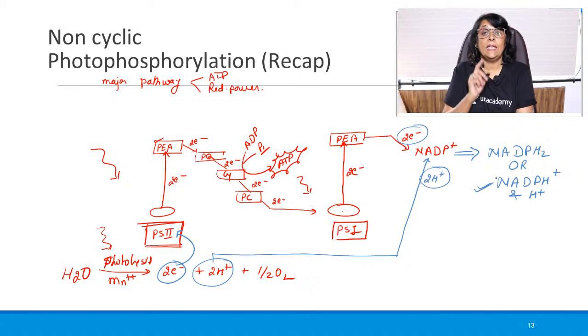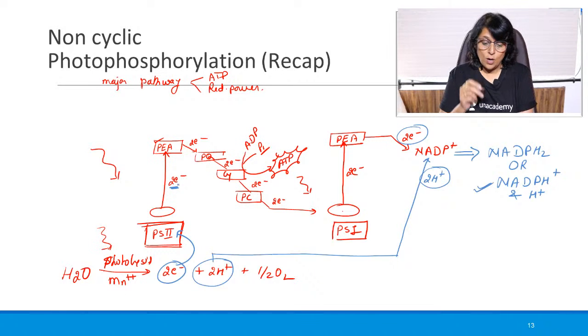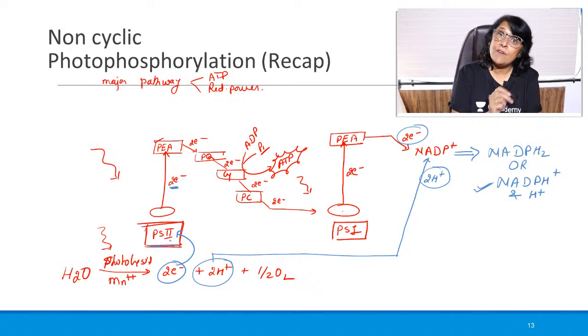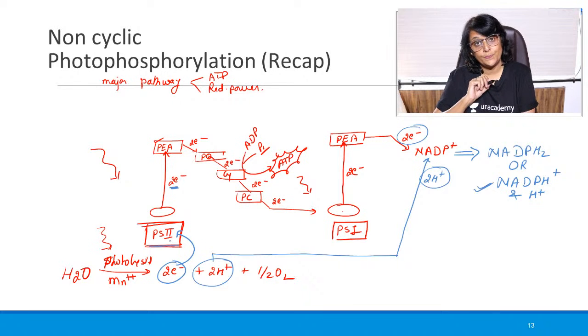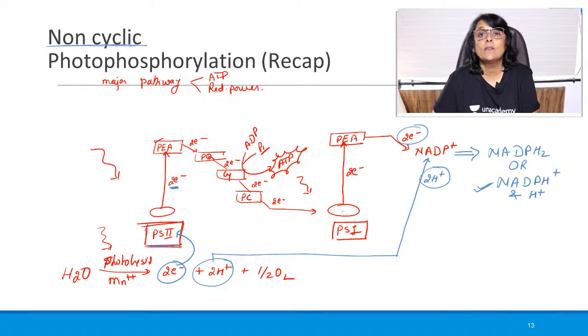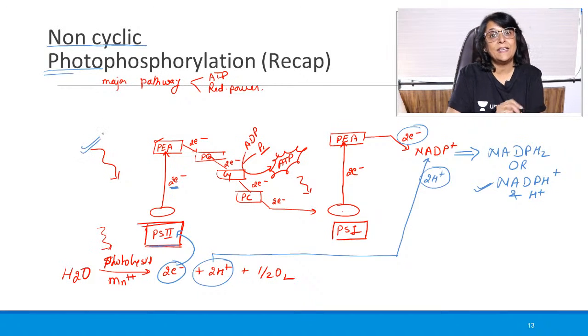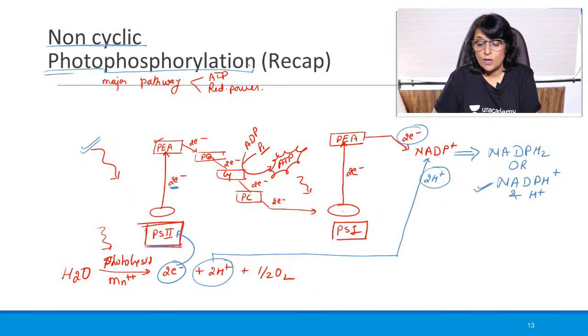So in non-cyclic photophosphorylation, the electron which is lost from PS2 never comes back to PS2, and that is why this pathway is called non-cyclic. Then we called it photo because the sunlight is essential for this. And then there was a word which was phosphorylation.